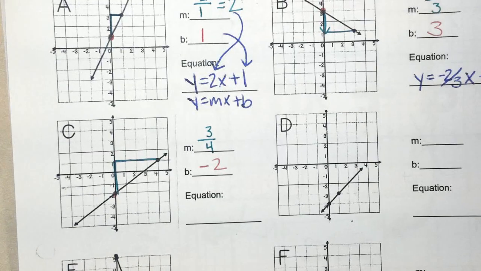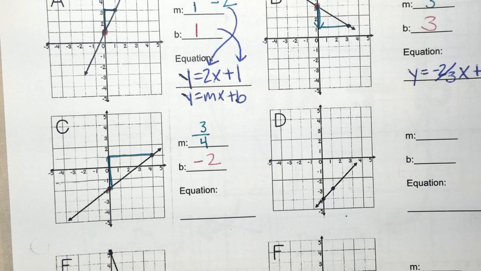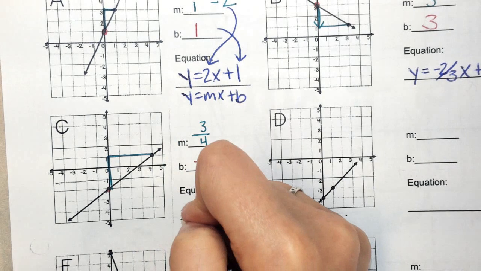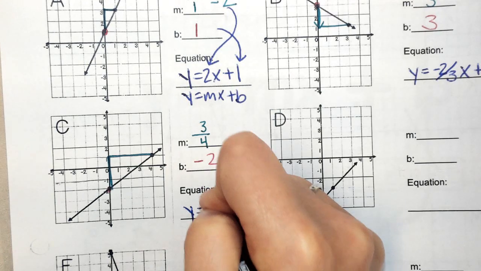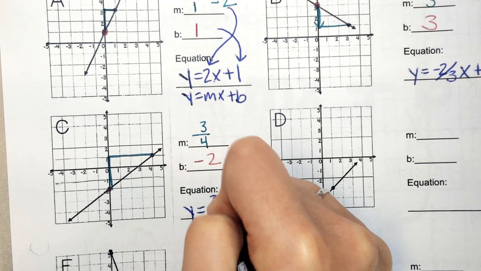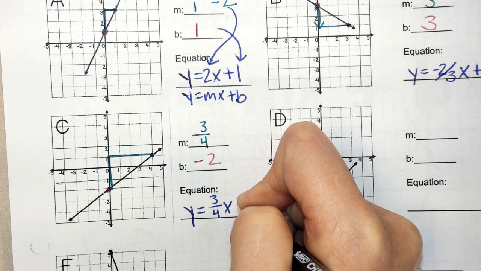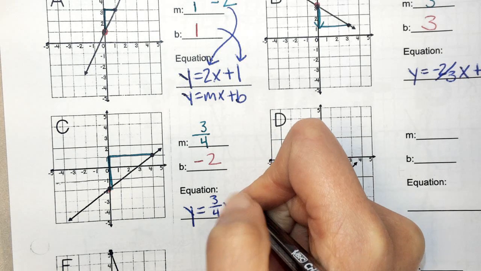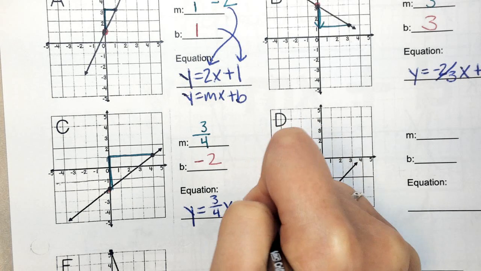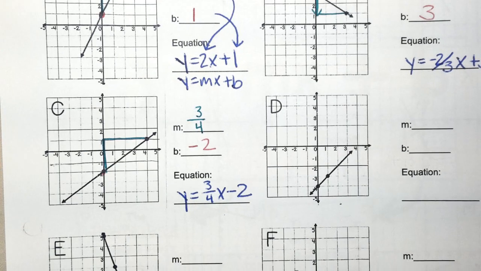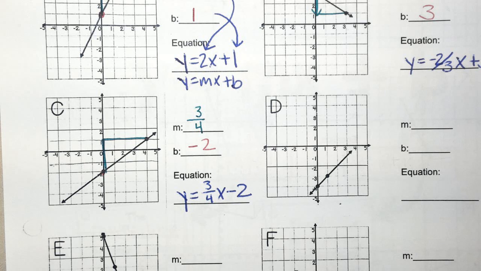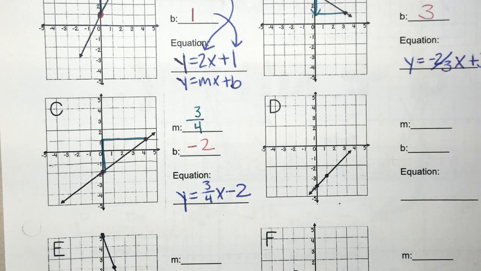Up 3, right 4 is 3 over 4. So, Breeza, what would my equation look like? Do we really need plus -2, or could we just say -2? Very good, Breeza. Nice job. Okay, y equals 3/4 x minus 2.